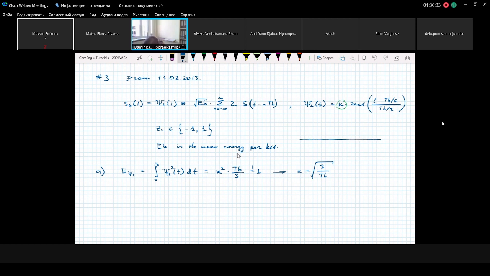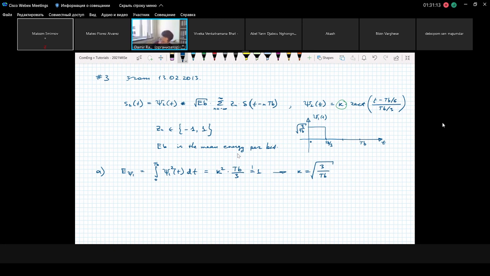The non-zero impulse goes from 0 to capital T_b over 3, and it has amplitude square root of 3 over T_b, and for the remaining two intervals it equals 0.